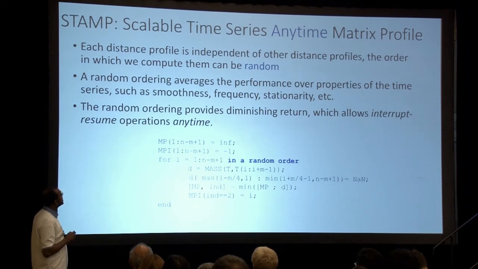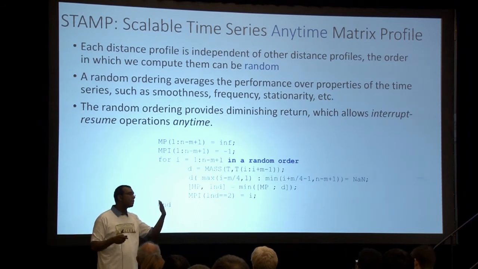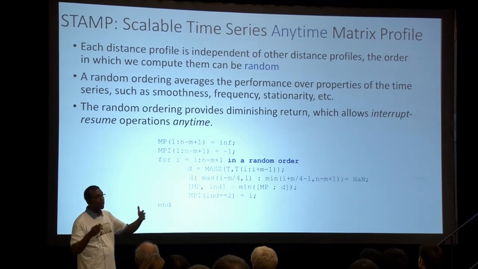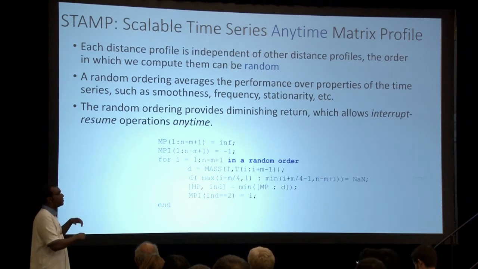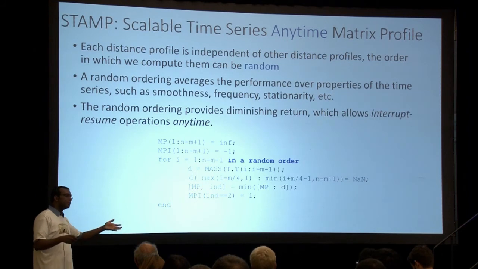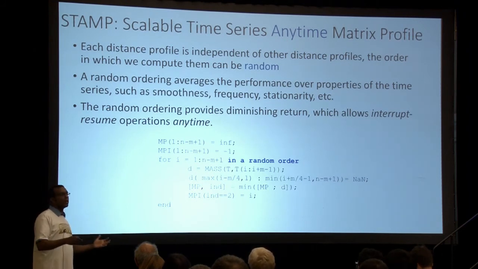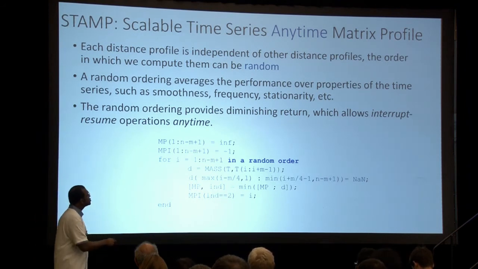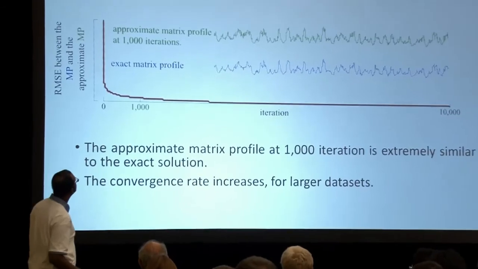That is very interesting, and it also provides a diminishing return that enables you to stop early with a higher expected gain. And not only that, since the rows are independent, you can interrupt and resume your operation anytime later without the necessity of recomputing from scratch. So just by adding this highlighted segment, we can get useful properties. And let's see some of that.